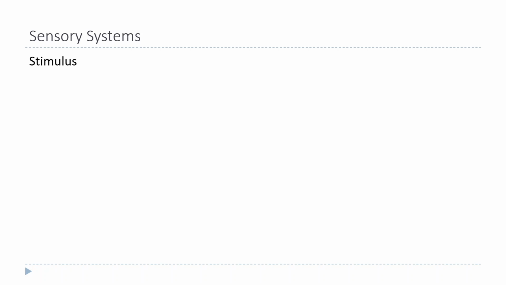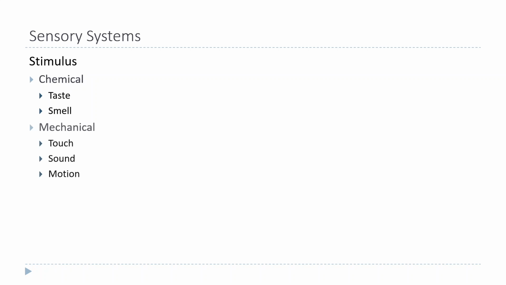So in the case of the chemical senses, for example, the two sensory systems that deal with chemical stimuli are taste and smell. So that's what we're going to deal with in this chapter. So those are sensory systems that use chemicals as a stimulus.